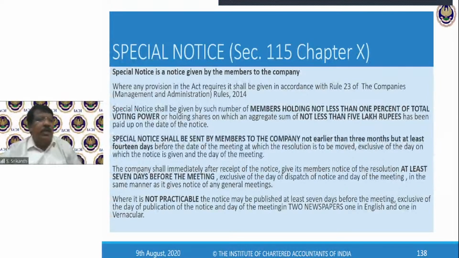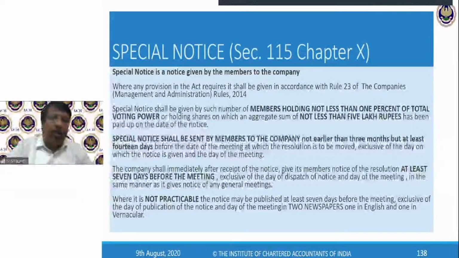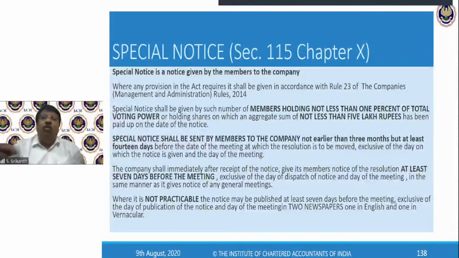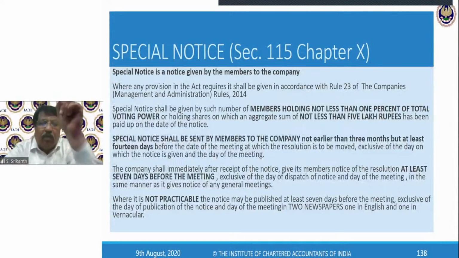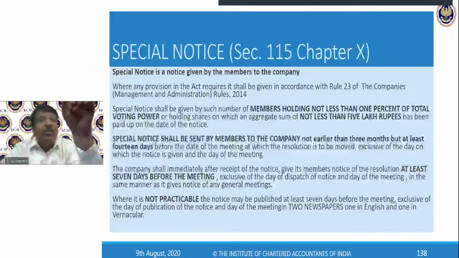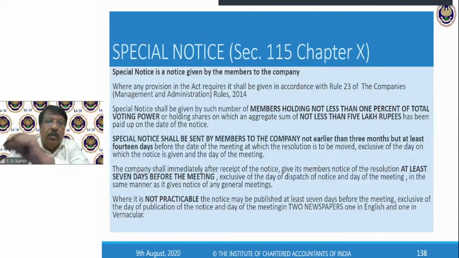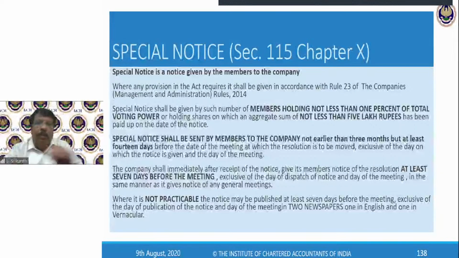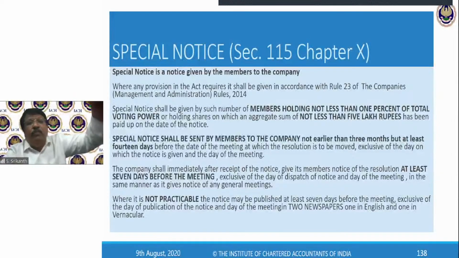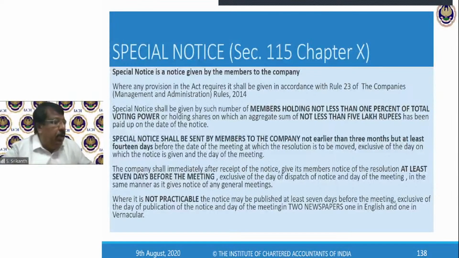Rule 23 says special notice shall be given by such member or members holding not less than 1% of total voting power, or holding shares on which aggregate sum of not less than 5 lakh rupees has been paid up. So either this or that, whichever is less. So minimum they should hold 1% or 5 lakh, whichever is less, right?